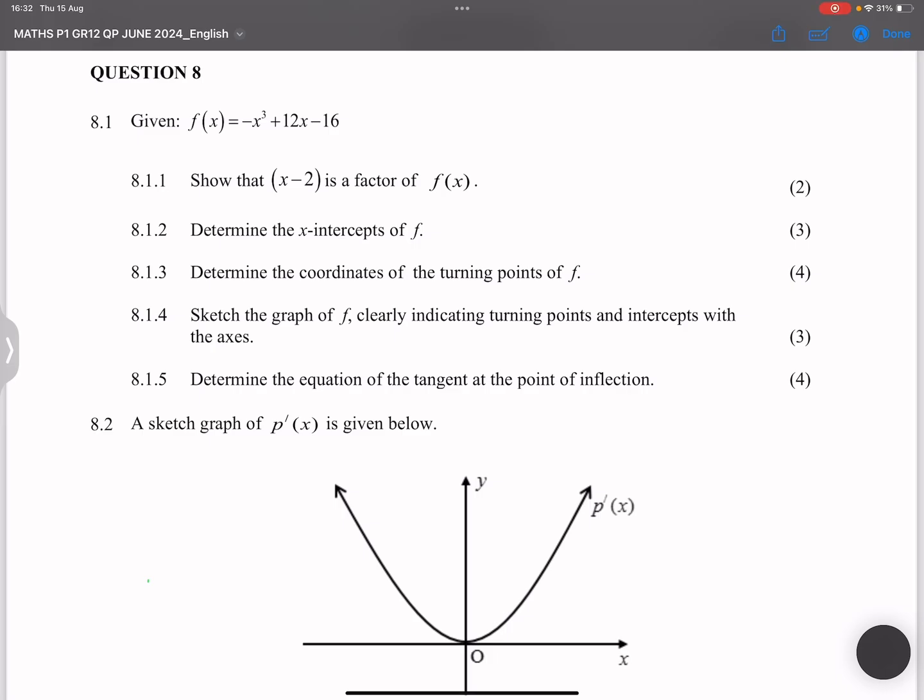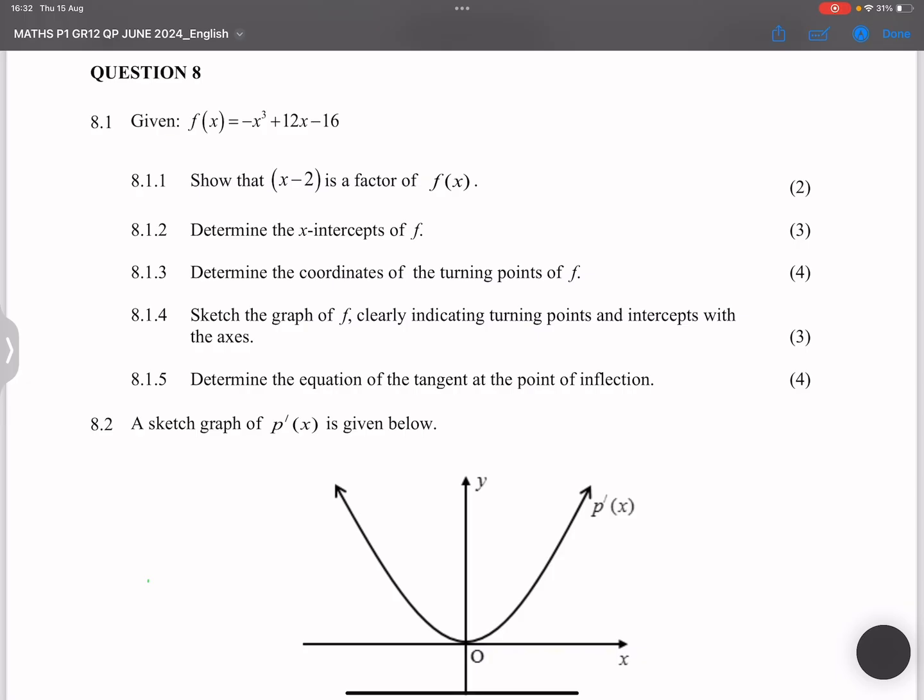All right, and we look at question 8 now. They say given f of x, which is minus x cubed plus 12x minus 16, show that x minus 2 is a factor of f of x.